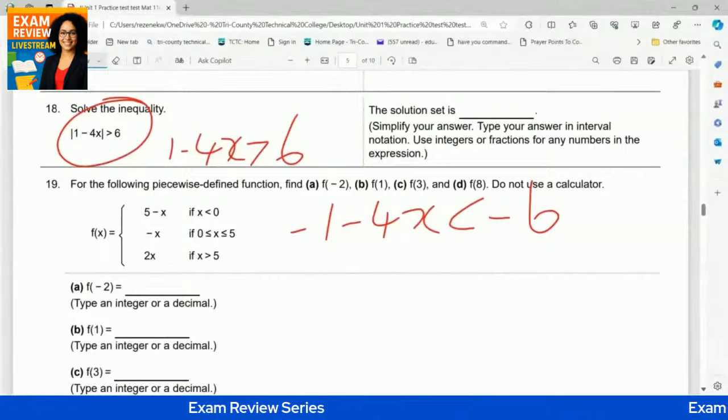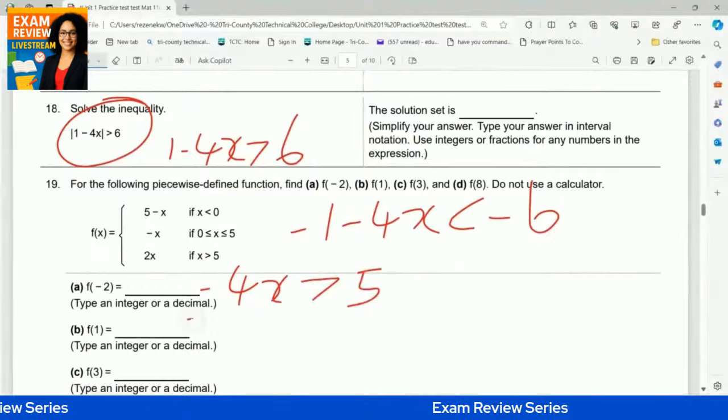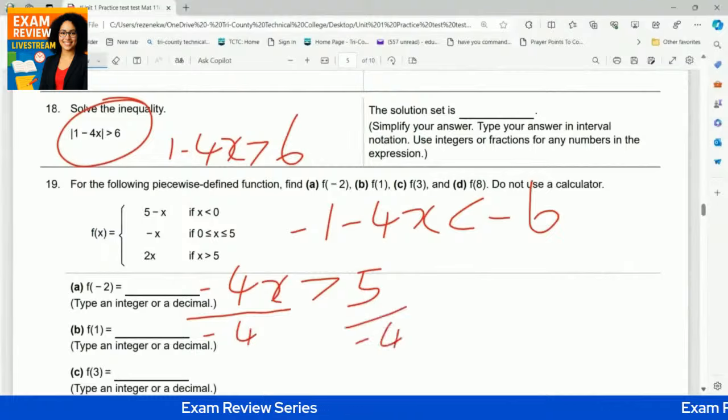Okay. And then I am going to start solving. I want to isolate the x on the left-hand side. So minus 1 on both sides, I have negative 4x is greater than 5. If I subtract 1 on both sides. Divide both sides with the coefficient of x, divide by negative 4.